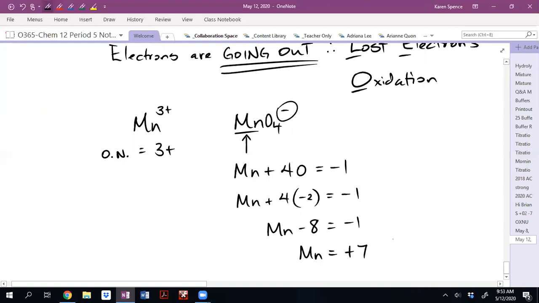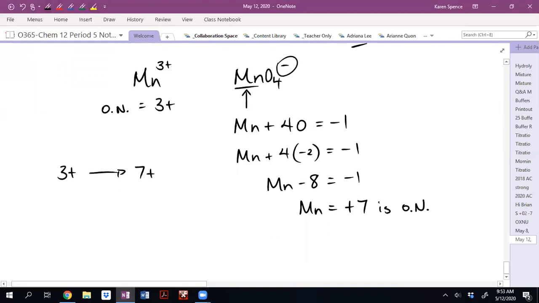So the oxidation number of manganese in MnO4- is +7. So we are going from 3 plus to 7 plus. The oxidation number got bigger. So if the oxidation number gets bigger, that is oxidation.